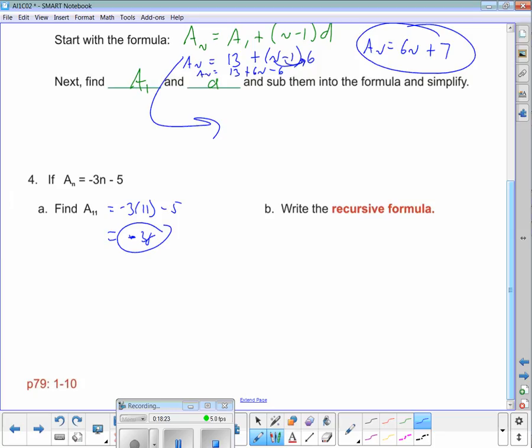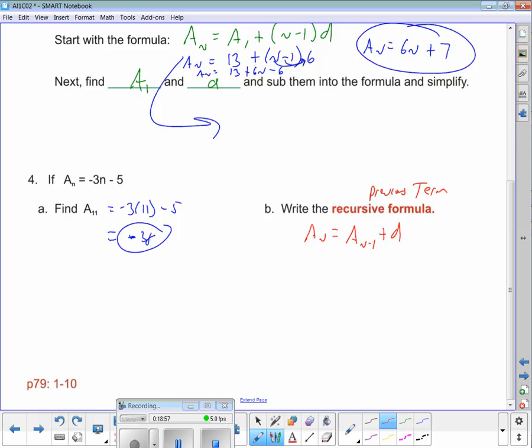All right, what's the last one? Oh, no. Write the recursive formula. Hey, remember, if you'll just keep in mind previous term, then hopefully you can write the recursive formula. So a sub n equals, remember what the previous term is? A sub n minus 1. And then you'll have to do what? Add d, right?